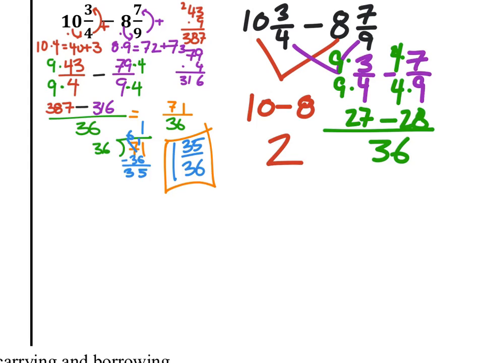Now the problem is 28 is bigger than 27, so I can't have negatives as part of this answer because we are taking away more than what we start out with. So I couldn't say 2 and negative 1 36. That doesn't make any sense, okay? Not that we've gone over negatives yet anyways.